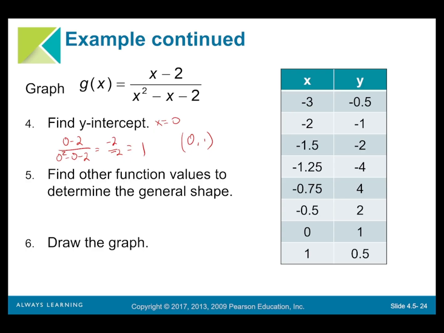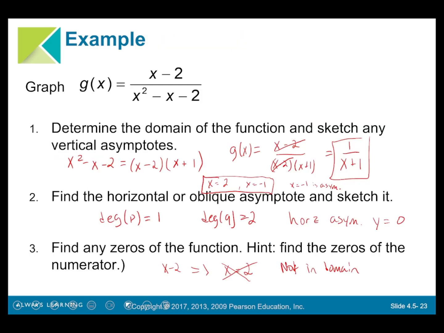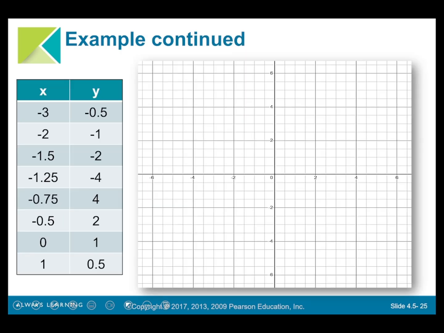So now let's try to draw this graph. First off, we're going to remember this time that we have a vertical asymptote at x equals -1, horizontal at y equals 0, and the point (0, 1). So starting with the point (0, 1), let's make sure I do it right this time.